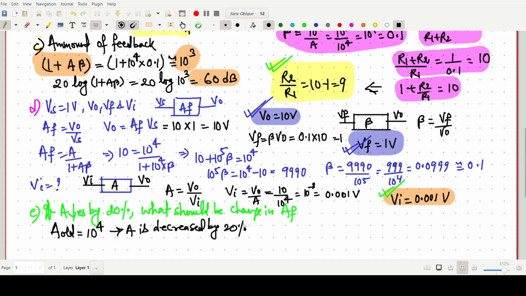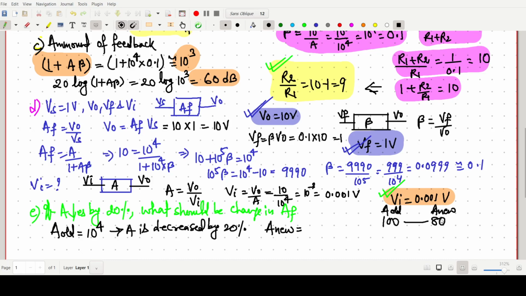So first we have to think what the new value of A should be. How to think? If initially 100 is the amplifier gain, then after a 20% reduction it should be 80. Suppose this one is our A old. So 20% reduction.